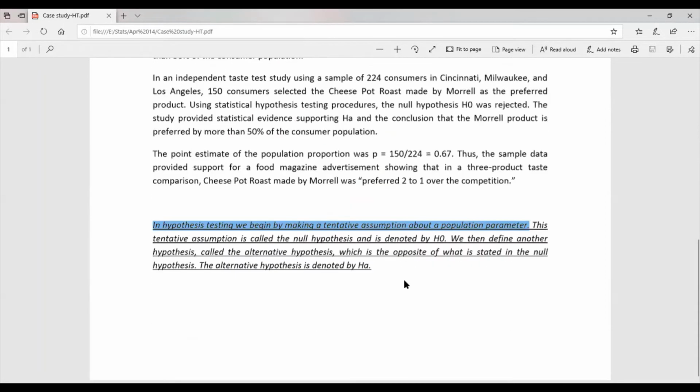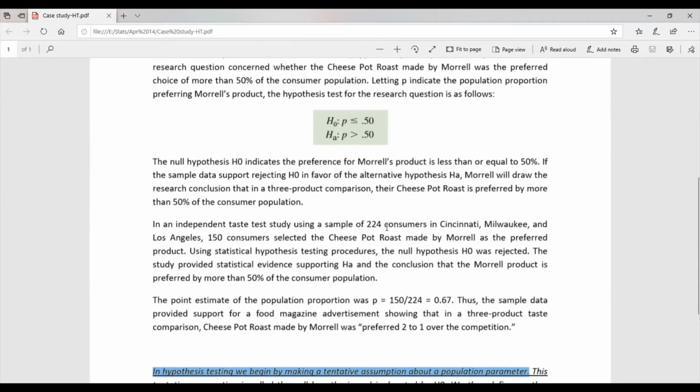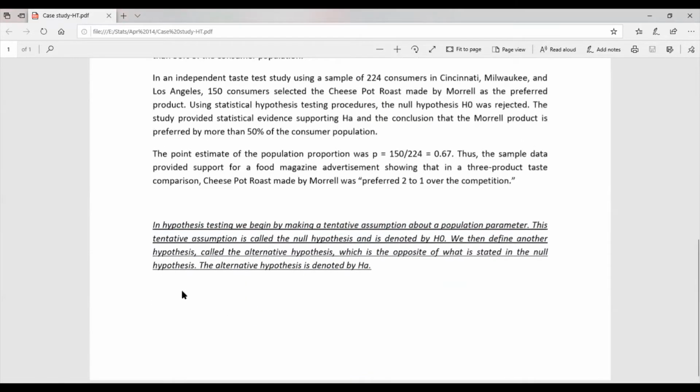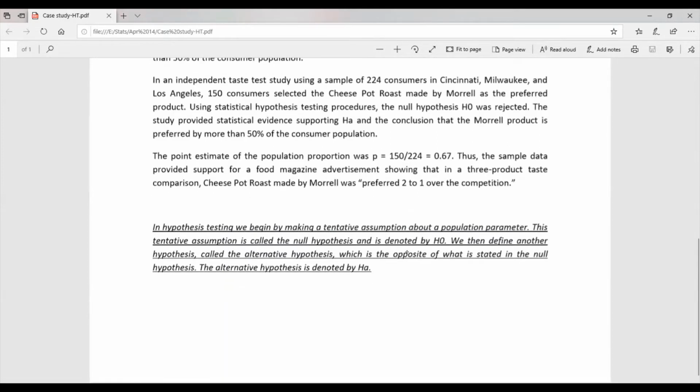Now, forget about this specific example, but generally, how to remember: when we say null hypothesis, the notation is H naught. So whenever we try to state the null hypothesis, that statement should have the word not in it.